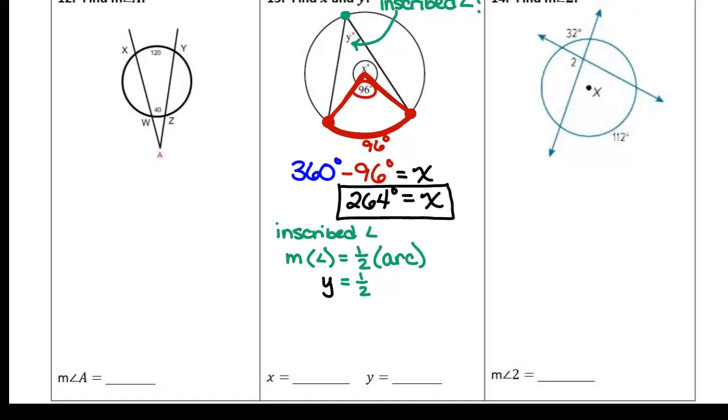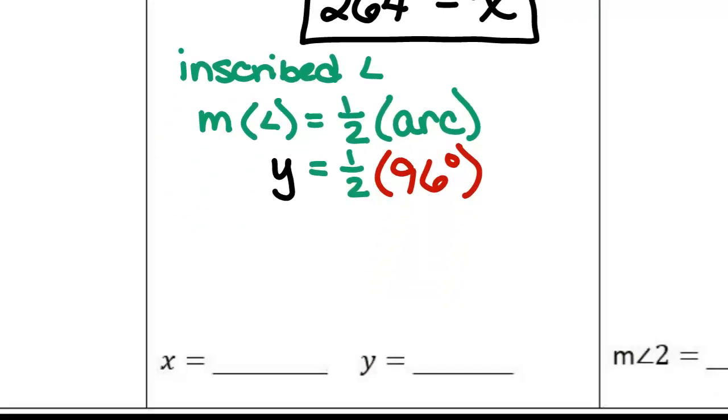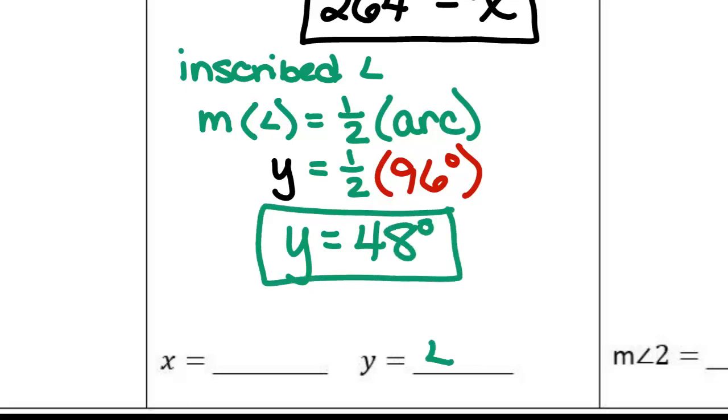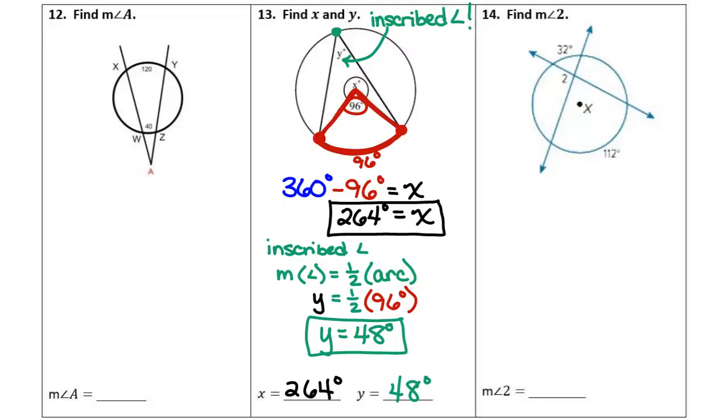How big is the arc that it's intercepting? 96 degrees. So I need half of 96 degrees. What is half of 96? 48. So y is 48 degrees. x is 264 and y is 48. Nicely done.